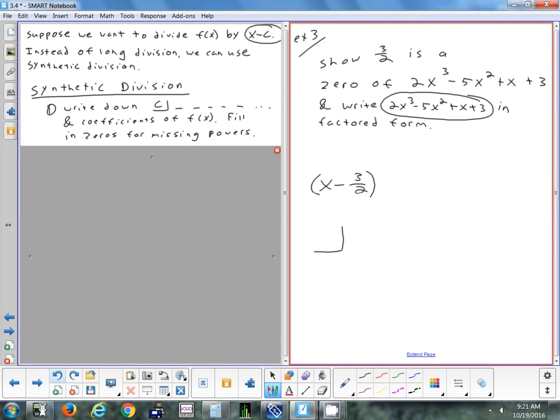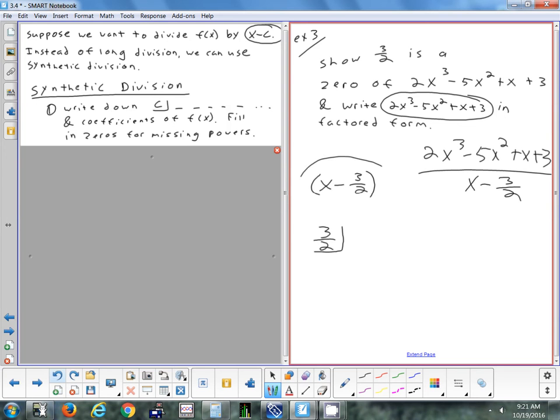Or what's the number that comes after the minus sign? 3 over 2. Yep, 3 over 2. So that's what I'm going to divide through synthetically by. So what I'm about to do is this. I'm just going to do it a lot faster than the way we did yesterday.